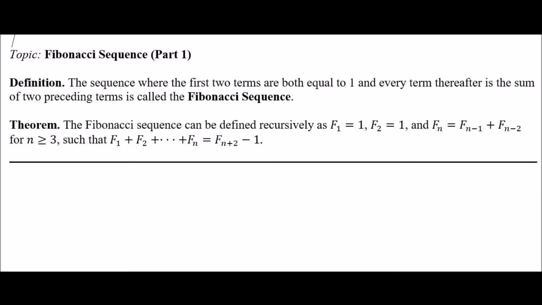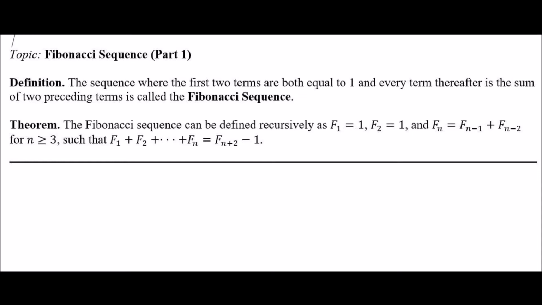So according to our definition, the sequence where the first two terms are both equal to 1 and every term thereafter is the sum of the two preceding terms is called the Fibonacci sequence.